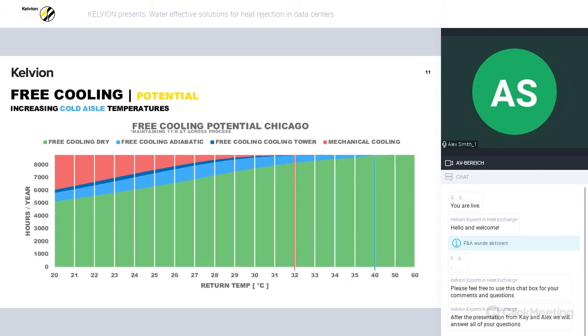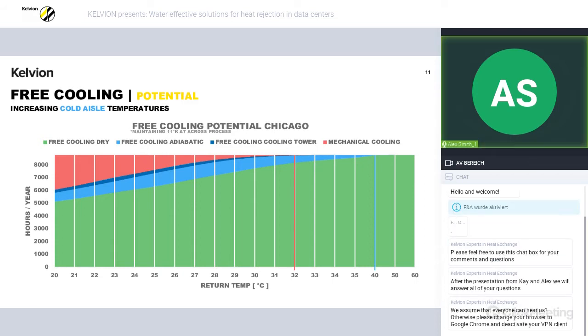So, what's free cooling? The term has been thrown around to some degree, and there are a number of interpretations which can be found. At Kelvin, we define free cooling as cooling which requires no mechanical assistance, i.e., cooling without a chiller. Free cooling potential is how we define the number of hours within a year where a system is able to free cool.